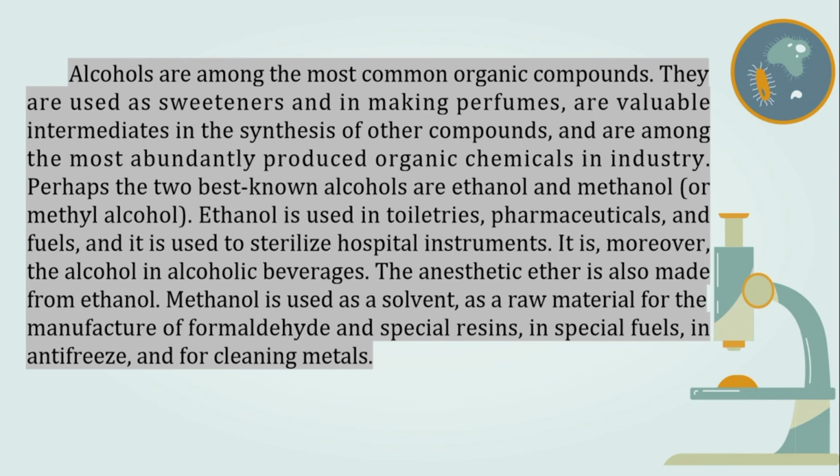Perhaps the two best known alcohols are ethanol and methanol, or methyl alcohol. Ethanol is used in toiletries, pharmaceuticals, and fuels, and it is used to sterilize hospital instruments. It is, moreover, the alcohol in alcoholic beverages. The anesthetic ether is also made from ethanol.